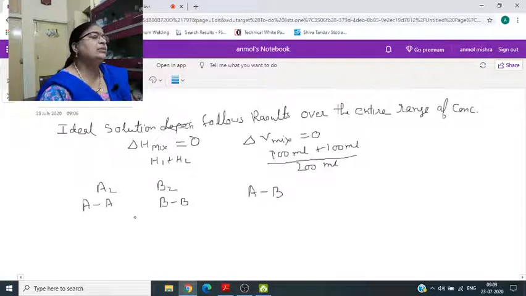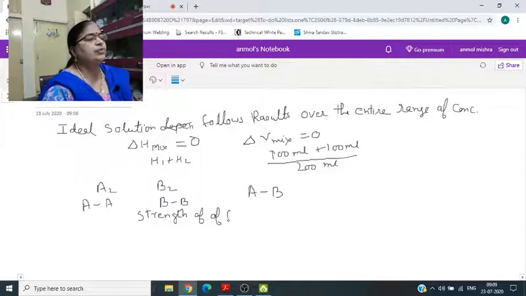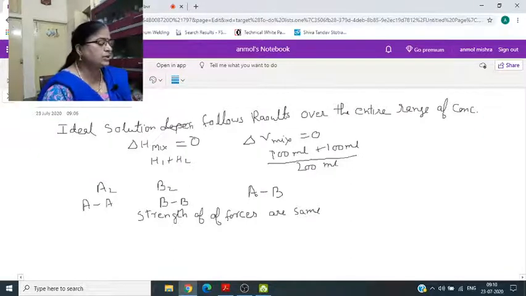So the strength of the intermolecular forces is the same: AA is equivalent to BB, which is equivalent to AB. So there is no change. Those solutions are called ideal solutions, but a perfectly ideal solution is rare. But there are some examples which fall under this category.